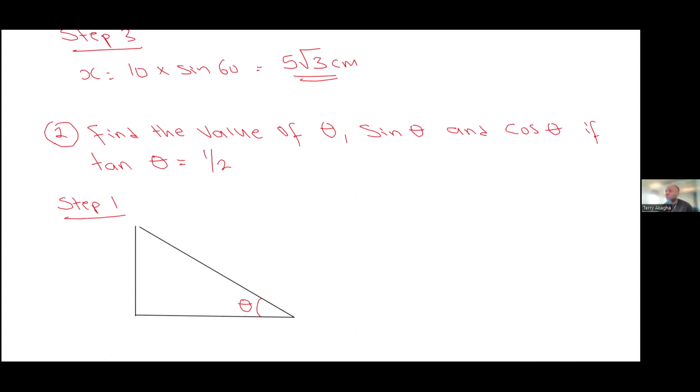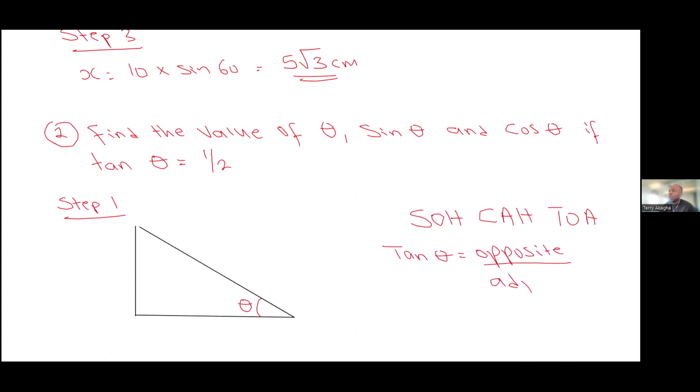So that means, we have SOH CAH TOA. So we know that tan is opposite divided by adjacent. So tan theta, from what we've learned, is going to be the opposite divided by adjacent, right?